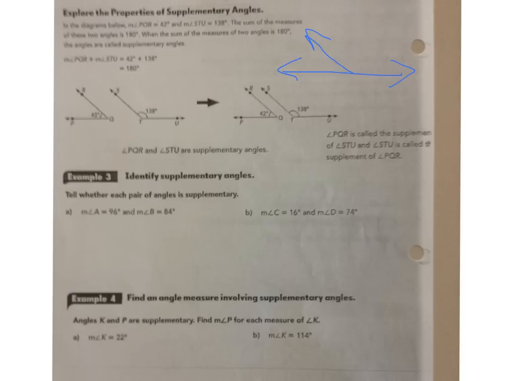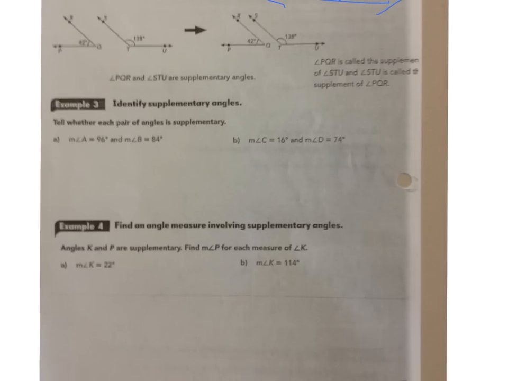Okay, so let's go down to example 3. It says, tell whether each pair of angles is supplementary. So we need to make sure if it's supplementary, together they equal 180. So we are going to do 96 plus 84, and when we add those together we get 180.